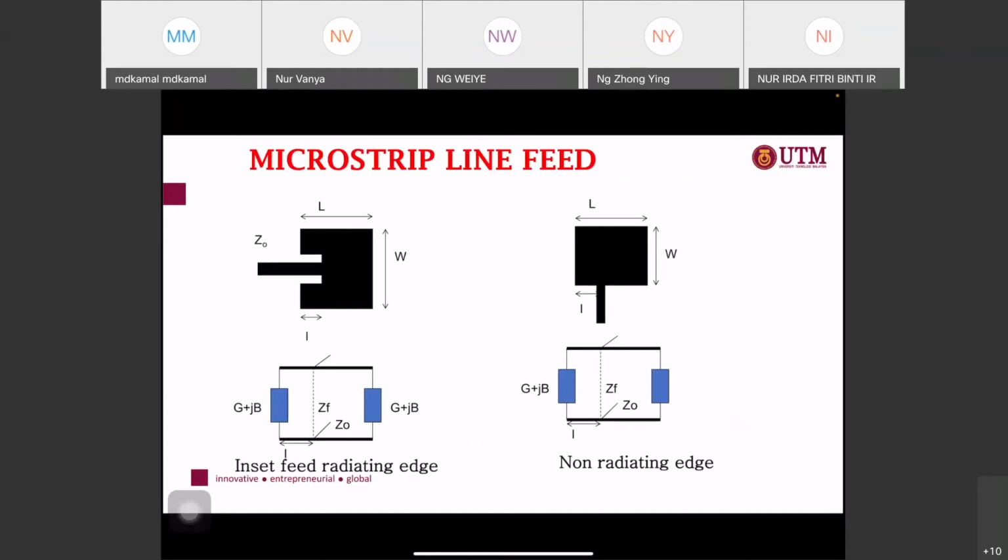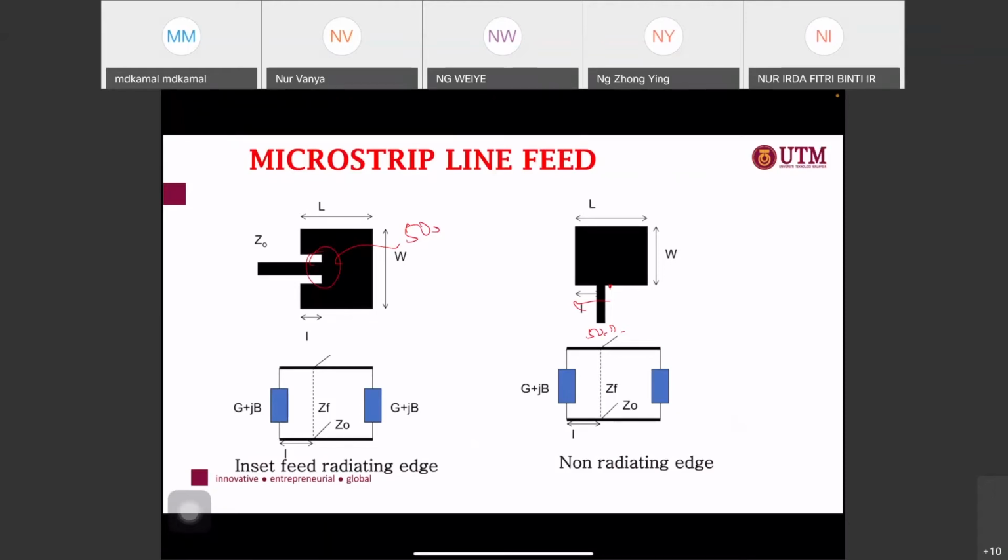The second diagram is a non-radiating edge. For the non-radiating edge, we want to find the position where it is 50 ohm, so you just move here. From this value, you can see that this is 50 ohm. This is just the technique where you can feed your antenna to be matched.